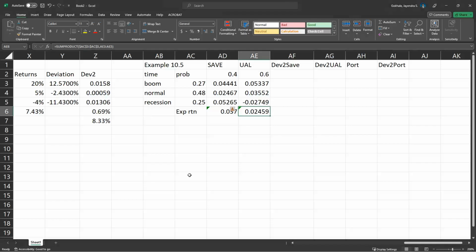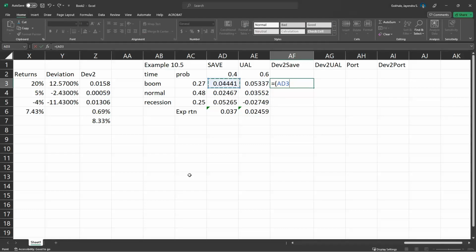Next step is to find out the risk. So to do that, we have to find out the squared deviation from Spirit. So equals parenthesis the actual return minus the expected return. And here we'll fix the AD, not the AD, but the 6. Because we don't want to go down as we go lower, as we paste this down, and we're going to paste this to the right as well. As we paste this to the right, we want the AD to become AE.